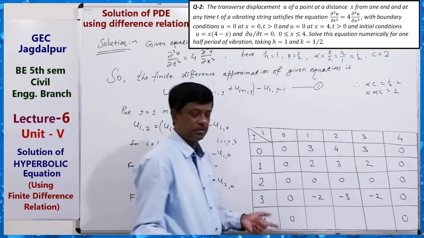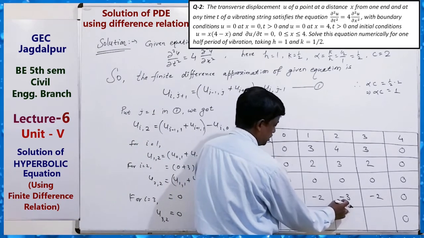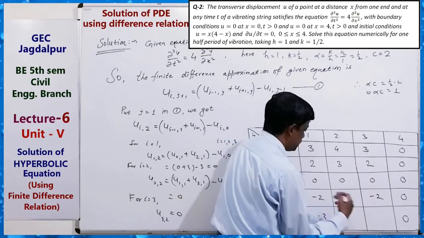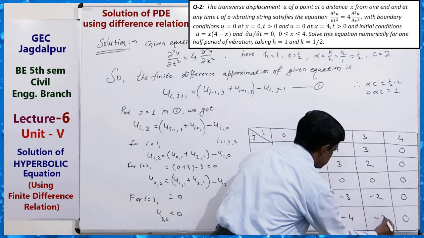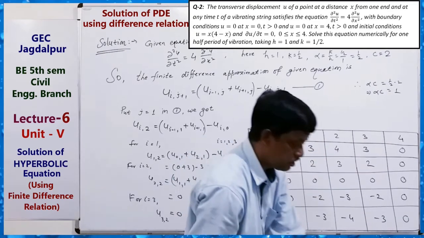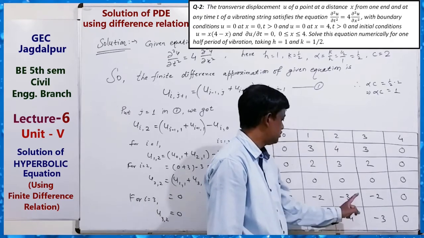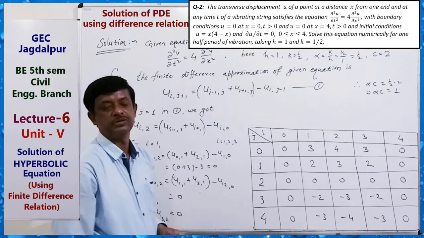Then minus 3, minus 4, minus 3. Minus 2, minus 3, minus 2. So these are the level values.